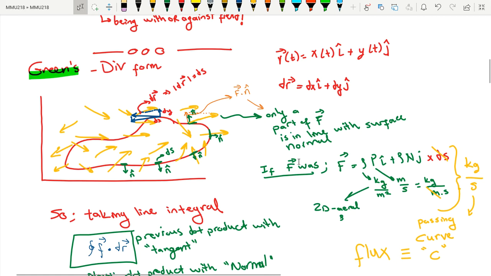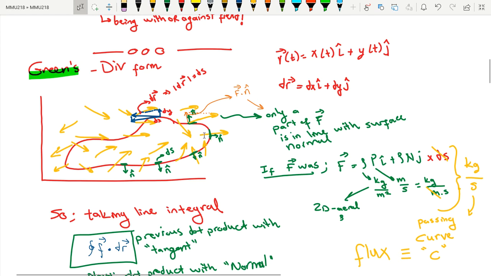So this means that I could define my flux just by defining my field and multiplying it with ds. So this is important. And how do I get the flux that is passing through the curve?